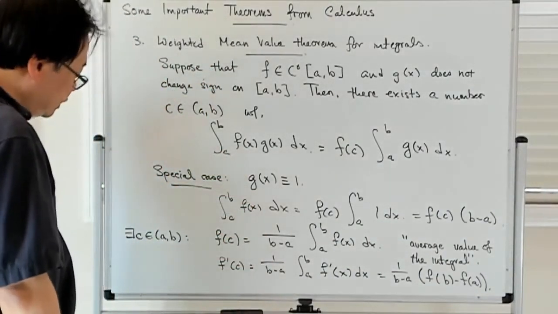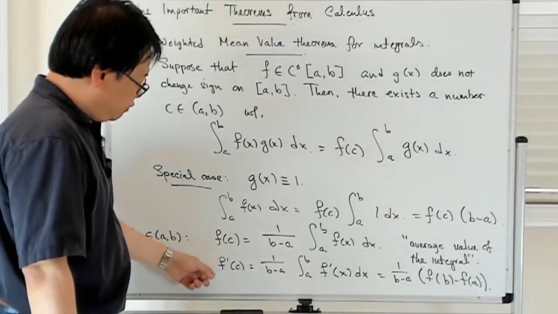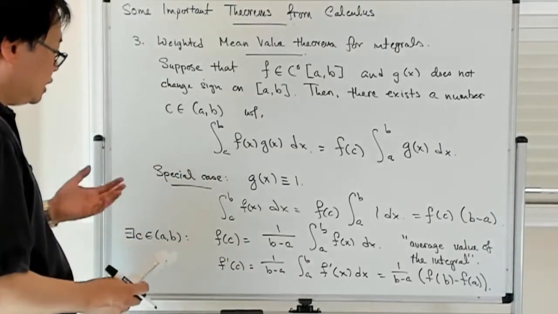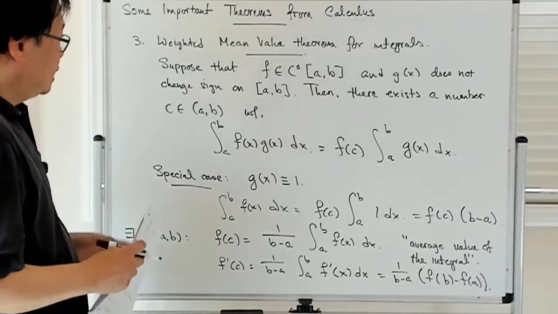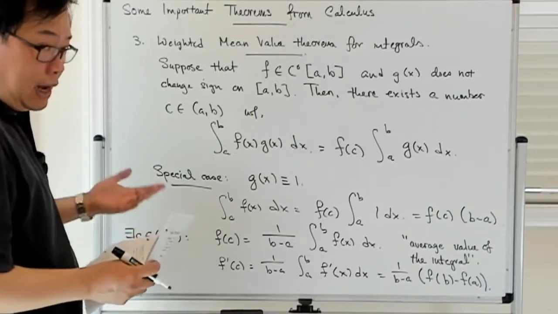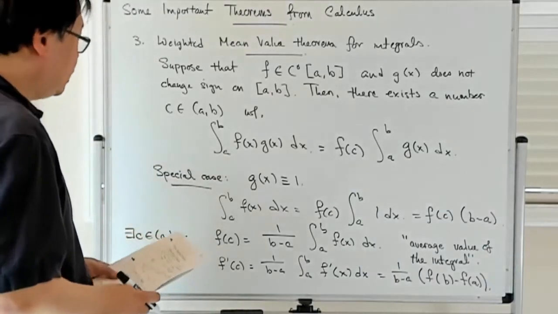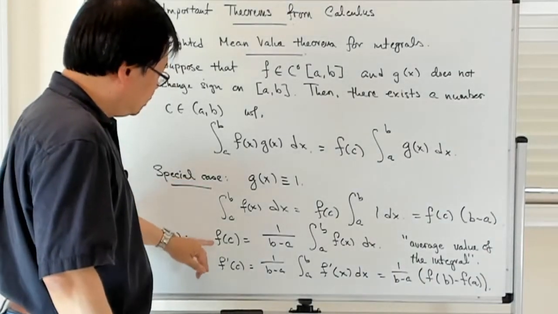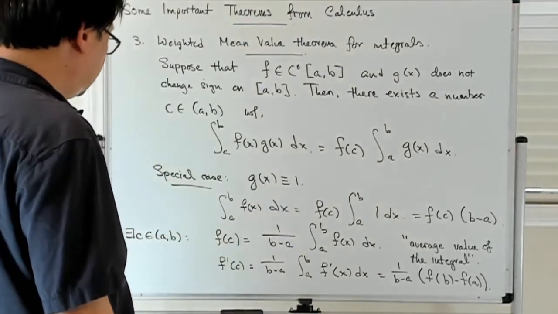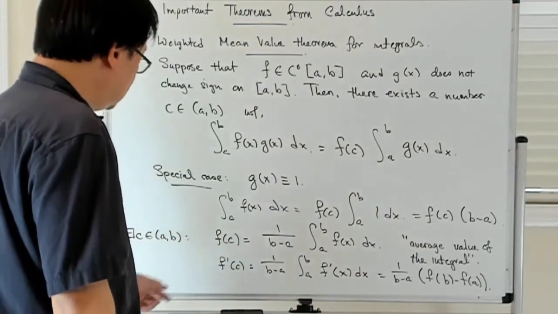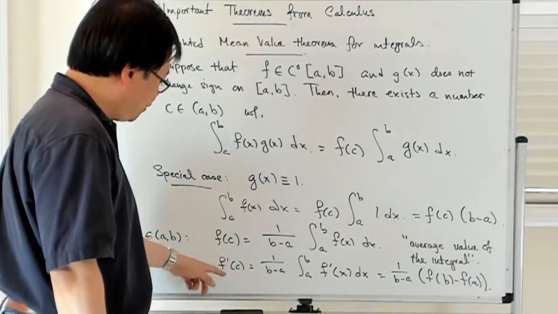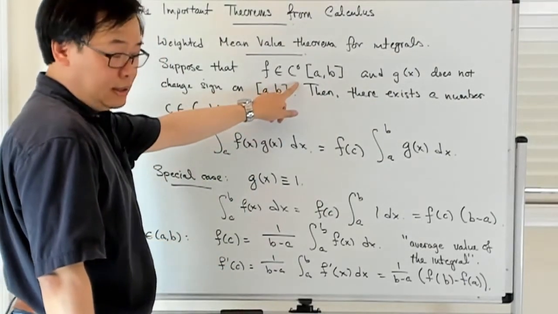When you replace f by f prime, you're basically assuming that f itself has higher regularity. Let me rephrase that. In order to replace f by f prime, we have to have f prime be C0.